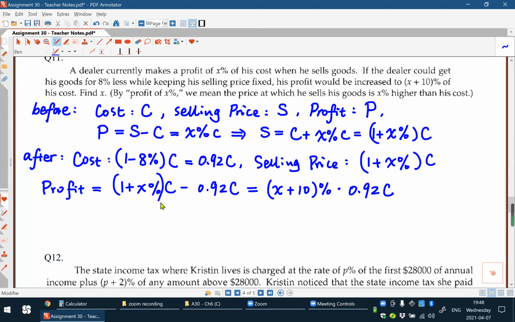Okay, so now let's simplify this equation. First of all, we can divide both sides by C, right?